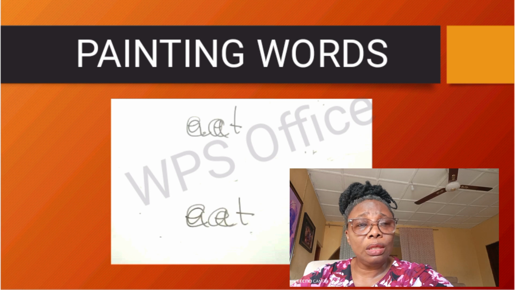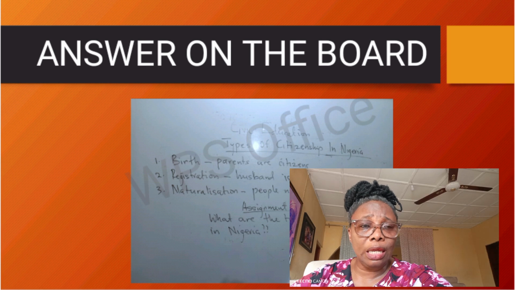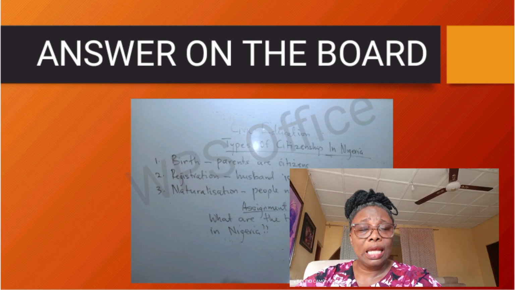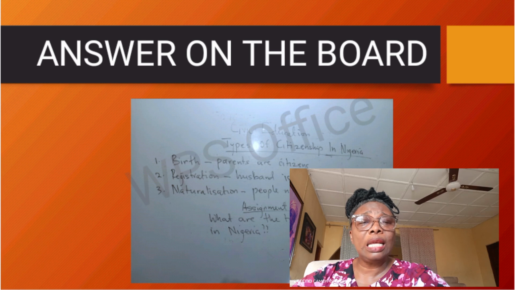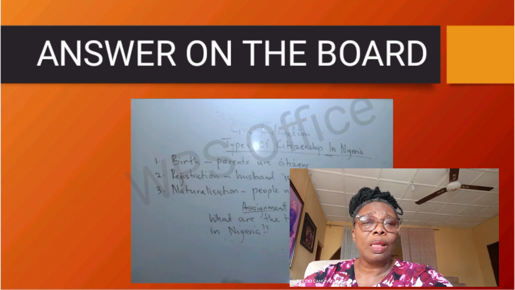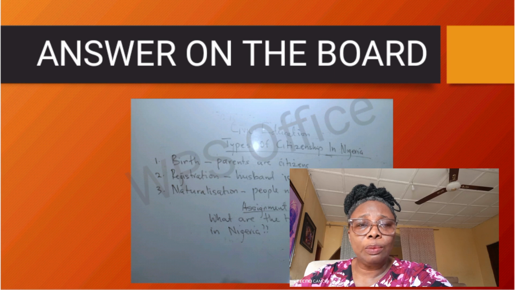They write content and then they want to give an assignment or questions at the end of the lesson. The content that has the answer is still on the board, and then they ask the question or they write it on the board. What do you expect the learners to do? Of course, they will read that thing that you have there back to you.